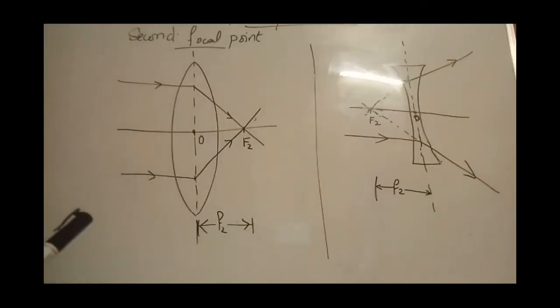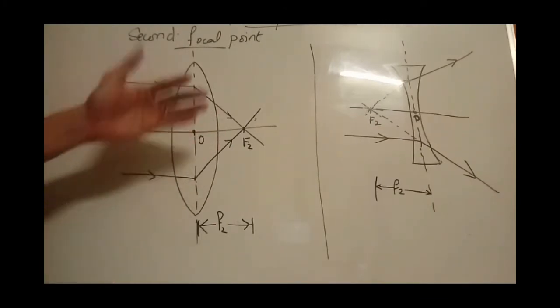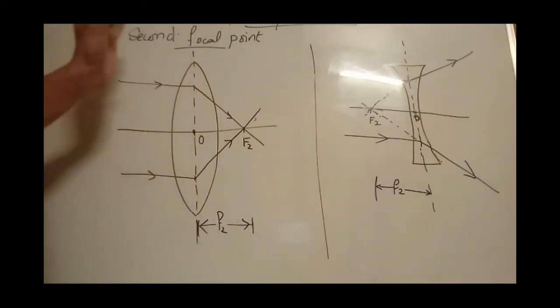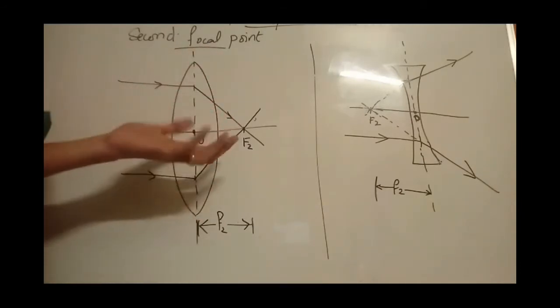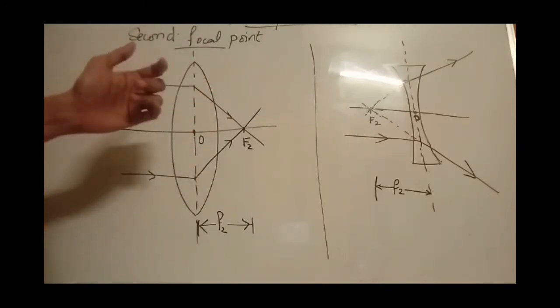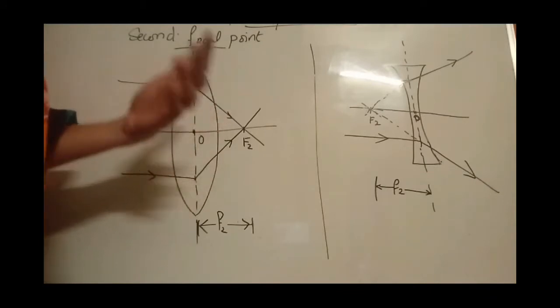So next we will see the second focal point of convex lens and concave lens. Actually the first focal point and second focal point can be interchanged, because we won't specifically hold the lens only in one position. It can be held either way, but when defining, as in mirrors where we learned about sign conventions, we take all these definitions according to that sign convention.